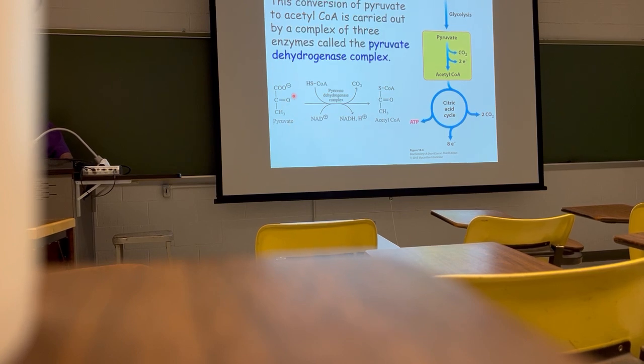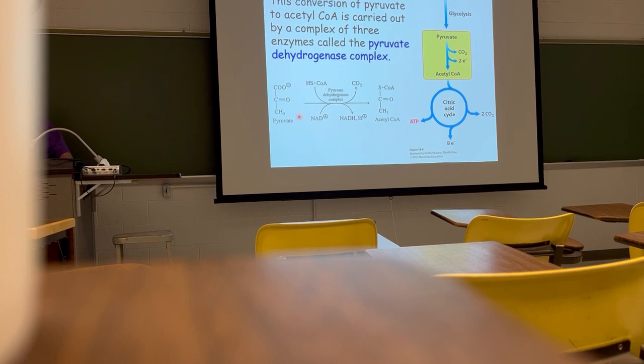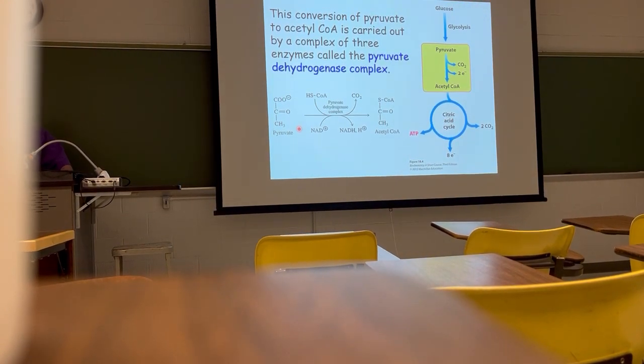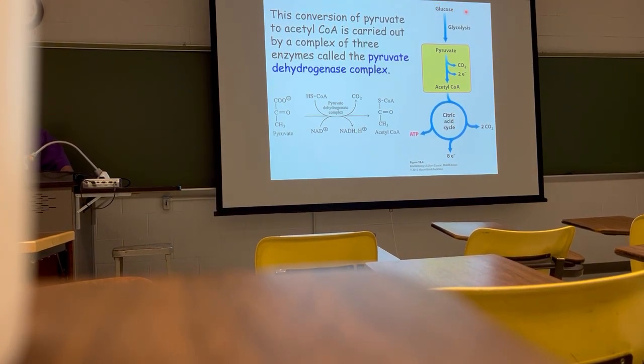So here's the overall reaction that occurs with the pyruvate dehydrogenase complex. It's a complex of enzymes, 3 different kinds of proteins I'll show you in a minute. So from glucose, we go through glycolysis and get 2 molecules of pyruvate. The pyruvate dehydrogenase complex removes the carbon dioxide and recovers some electrons from that pyruvate, and the product is acetyl coenzyme A. Acetyl-CoA then can enter the citric acid cycle to be completely oxidized to carbon dioxide and recover all the energy that's in that acetyl-CoA.